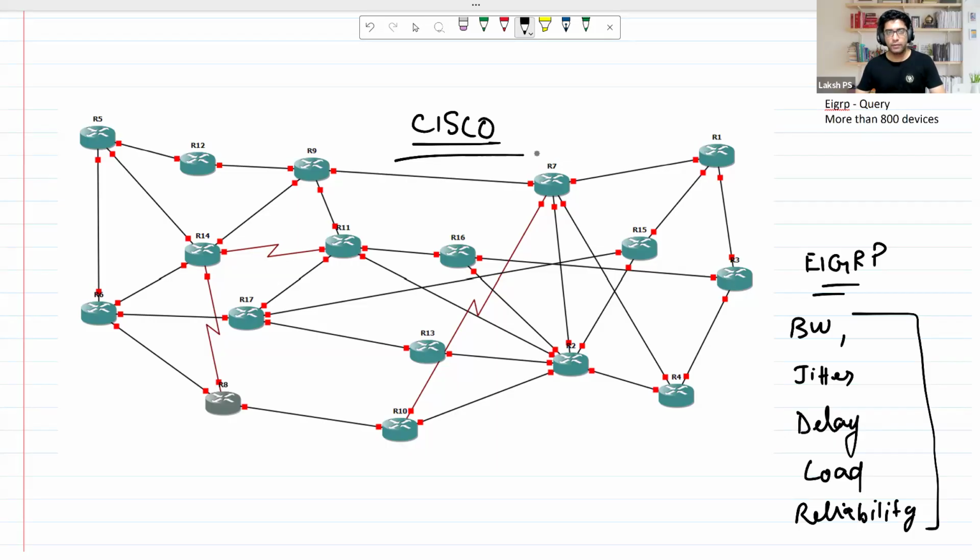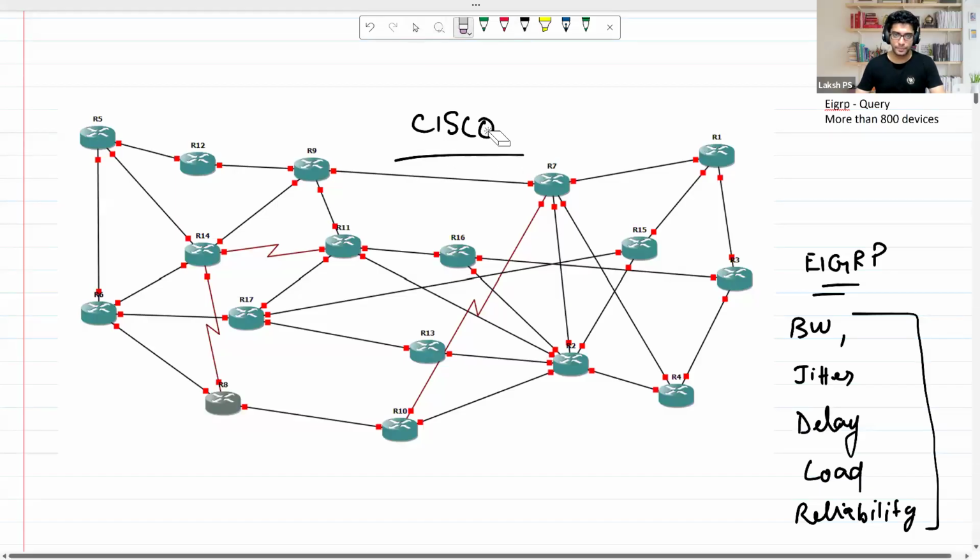Obviously, all the vendor devices should be able to send data to each other without compromising, right? So they would require a protocol which is open to every other vendor, right? There should not be interoperability issues. That is why again EIGRP is not preferred in the service provider and is preferred more in the enterprise section.